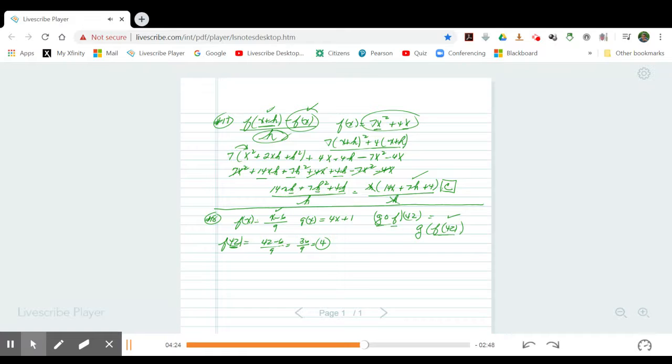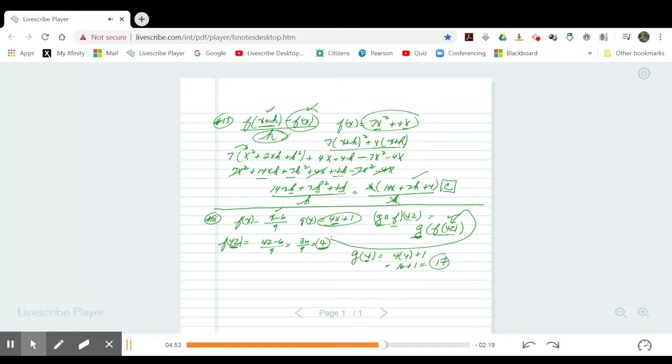So now I've got to find g of that. g of 4. The g function right here, in place of x here, I'm going to substitute in 4, so it would be 4 times 4 plus 1, this would be 16, plus 1, and lo and behold, you get 17, which is letter A.